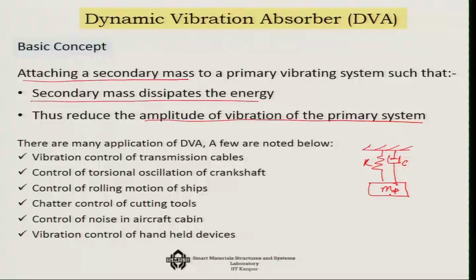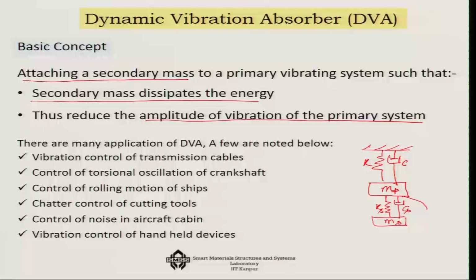What we are doing in the dynamic vibration absorption system is adding a secondary mass along with a spring. So, this is MS and this is a secondary spring, and there can be a secondary damper also. Depending on that, there are various classifications of such a system.